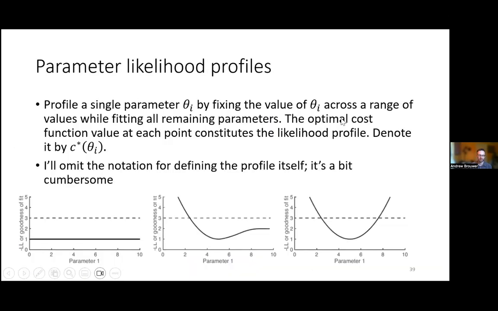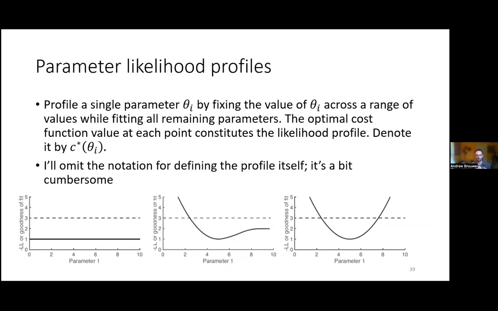And the thing that we like to do here is use parameter profiles. The way that we think about this is you take one parameter and fix it at a set of values. And at each of those values, you find the best fit to the data, allowing all the other parameters to be optimized.